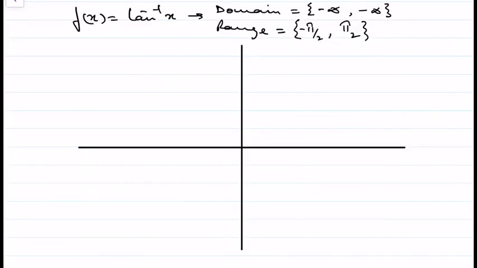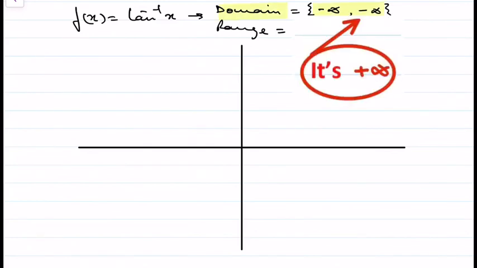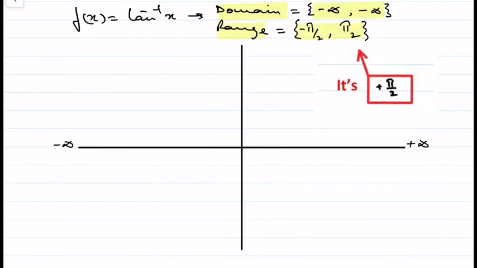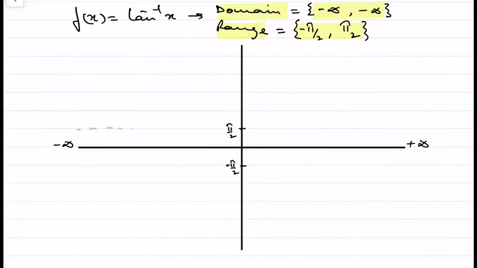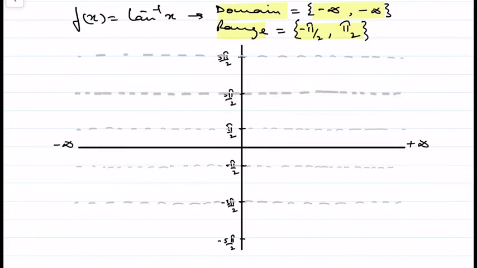So the domain for tan inverse x is from minus infinity to plus infinity, and the range is between minus pi by 2 to plus pi by 2. So we will have horizontal asymptotes at pi by 2, 3 pi by 2, 5 pi by 2, minus pi by 2, minus 3 pi by 2, minus 5 pi by 2, and so on. And we will have x = 0 at 0, pi, 2 pi, 3 pi, minus pi, minus 2 pi, and so on.